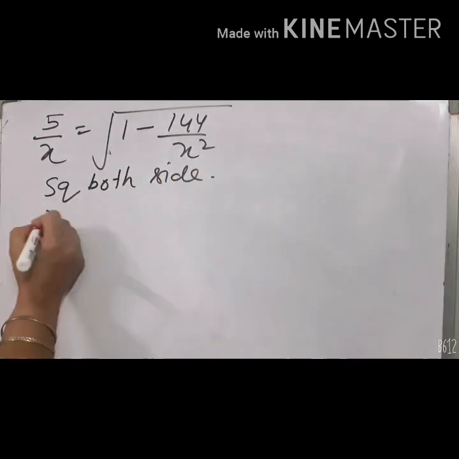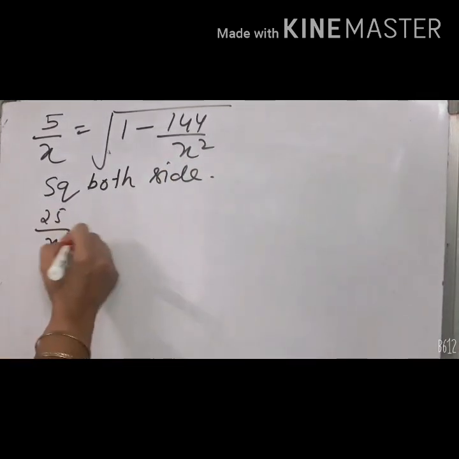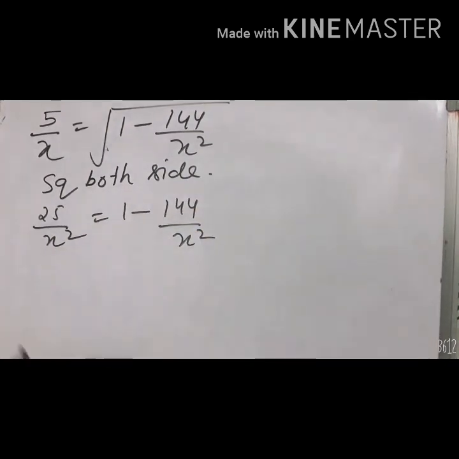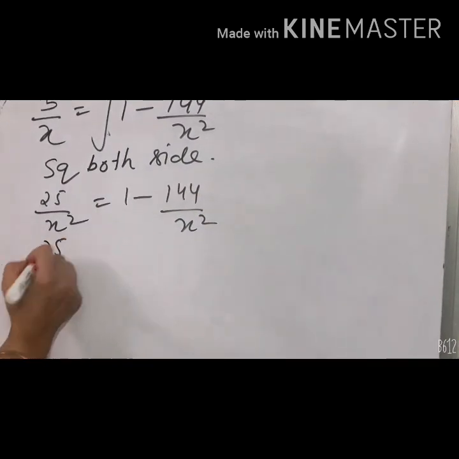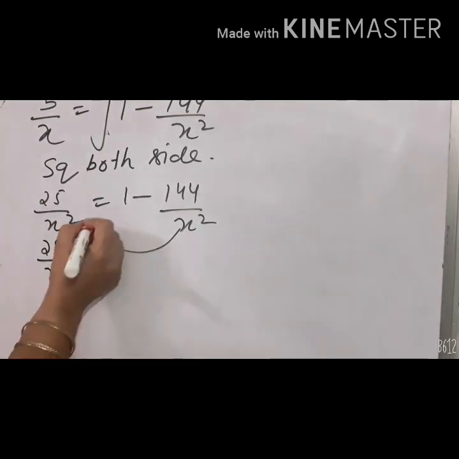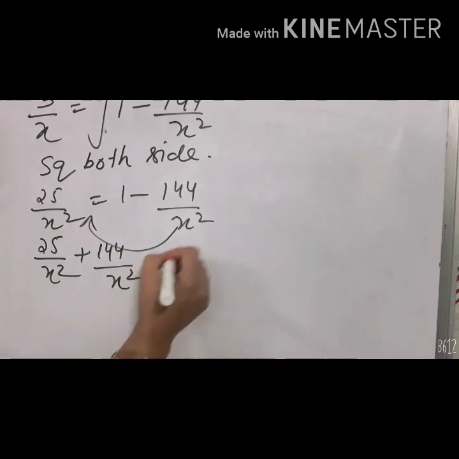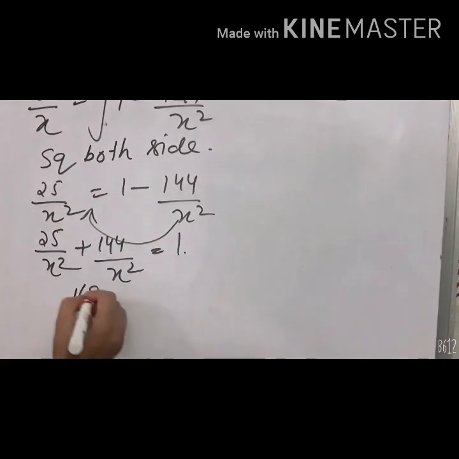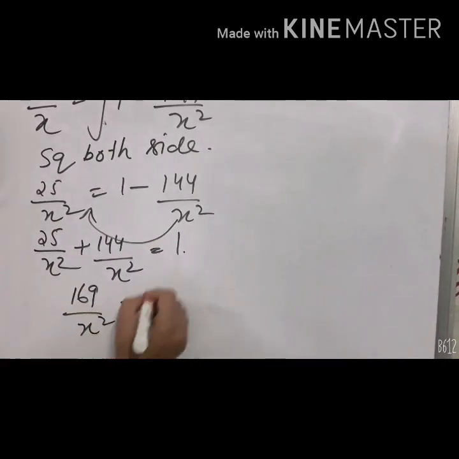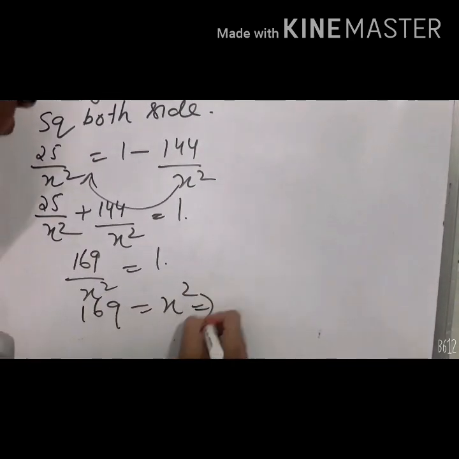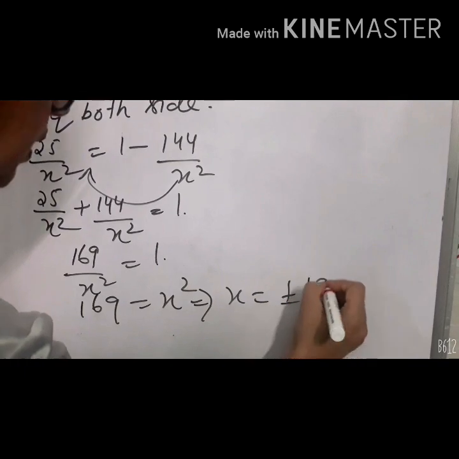So it becomes 25 by x square is equal to 1 minus 144 by x square. Keep the like terms together, means shift this side here. So it becomes plus 144 by x square is equal to 1. 169 by x square is equal to 1. 169 is equal to x square. So x is equal to plus minus 13.